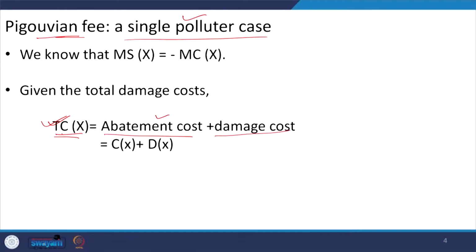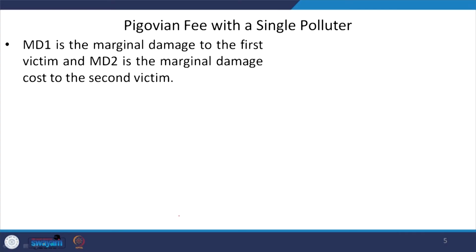So, we can say this total cost is equivalent to the abatement cost, which is a function of the pollution level, and also the damage cost, which is also a function of pollution level. Okay.